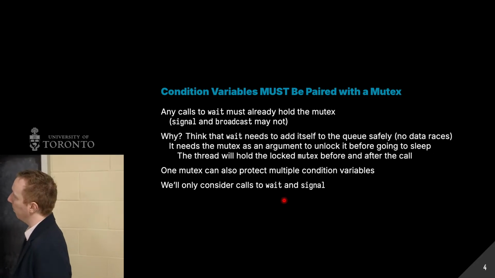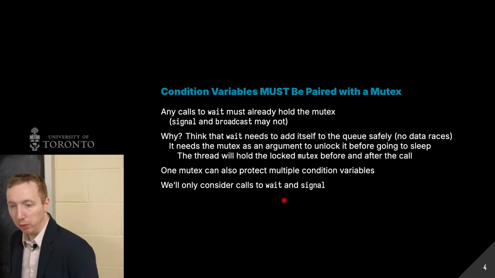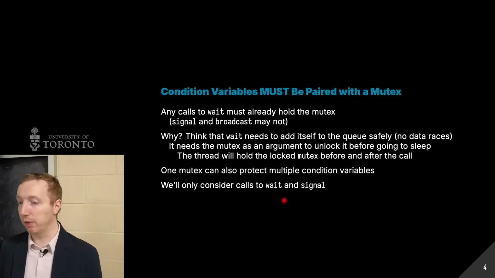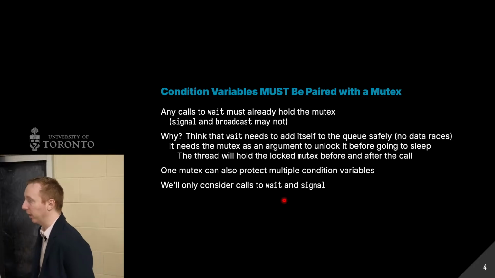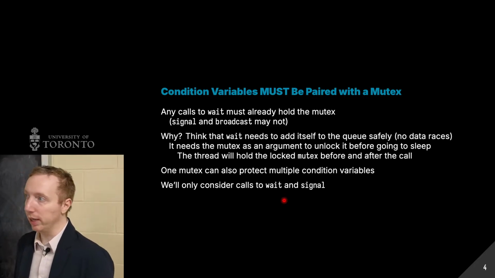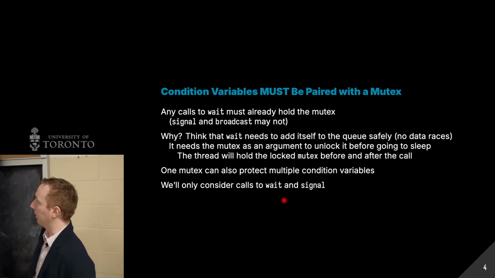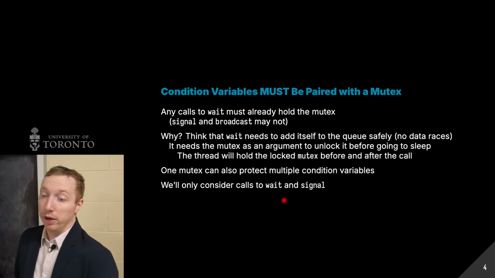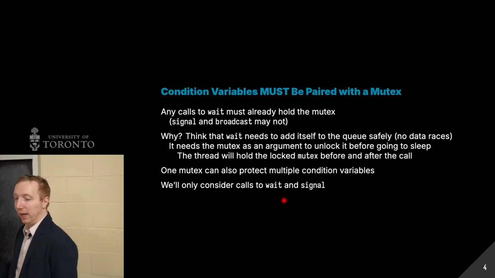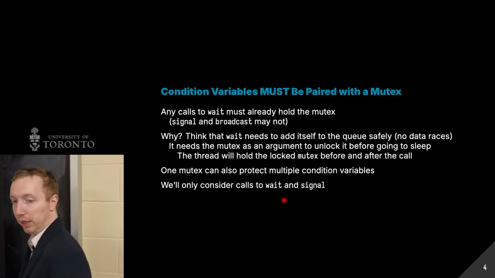Any calls to wait must already hold the mutex. You don't have to have the mutex acquired for signal and broadcast. They just unblock a thread, and then that thread can go ahead and reacquire the mutex. So again, why? Well, just remember that wait needs to add itself to the queue safely, with no data races.